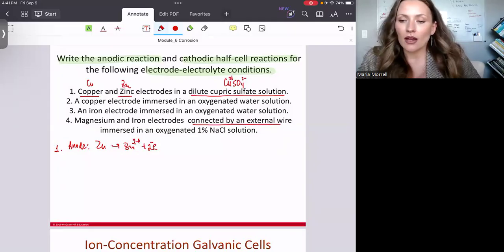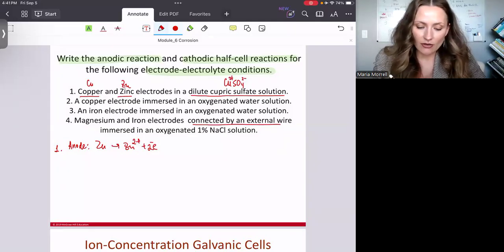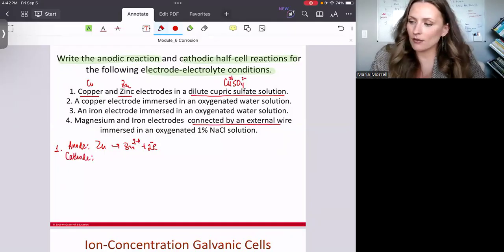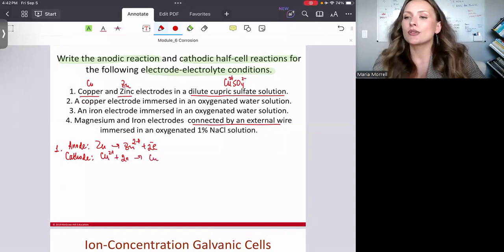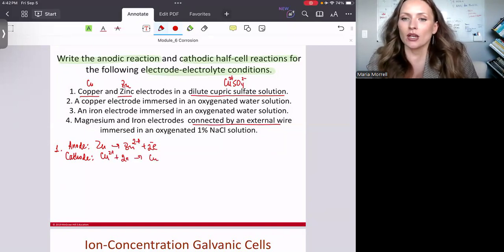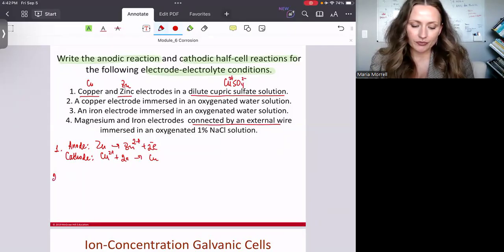So my reaction on the cathode is Cu2+ plus 2 electrons producing copper.